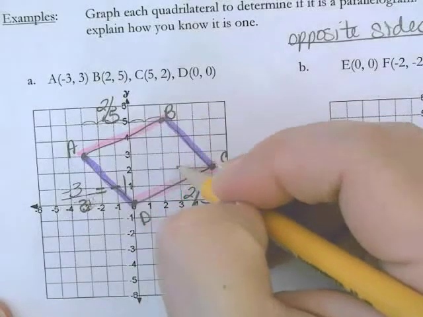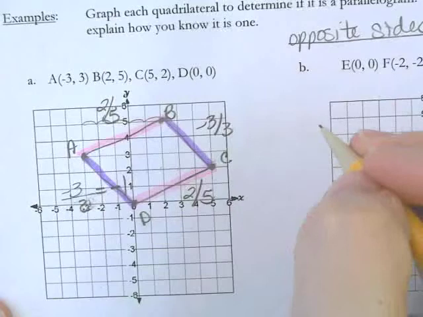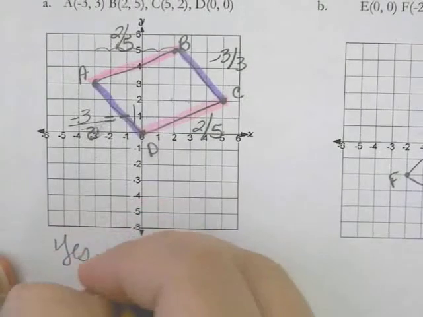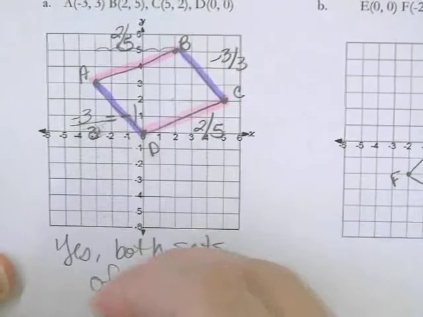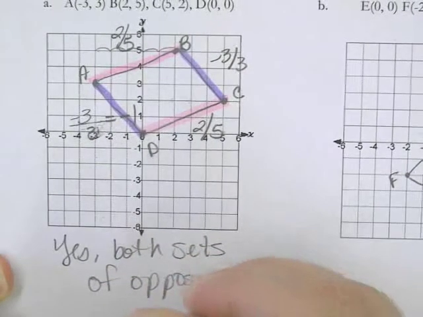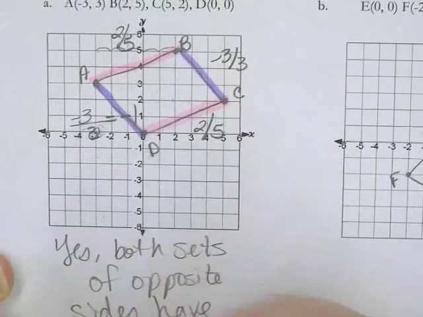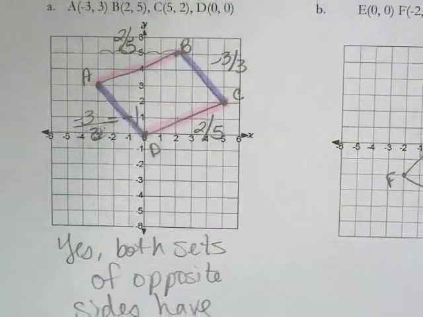I did. So these are the same. So my reasoning to know that it's a parallelogram, yes. Both sets of opposite sides have equal slopes. And the reason I'm going to say equal slopes is because if they have equal slopes, then I know they're parallel.